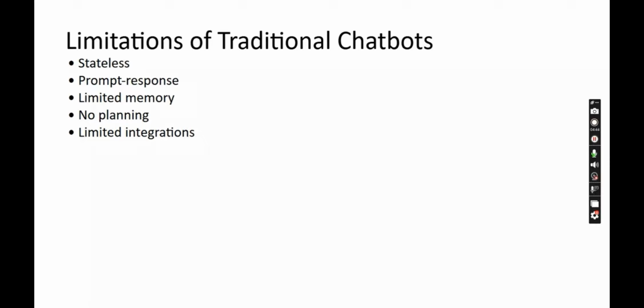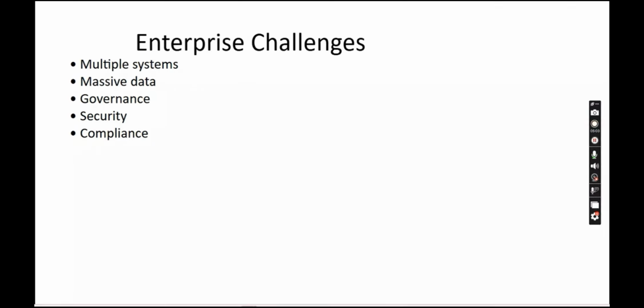It receives a prompt, generates a response, and the interaction ends there. Even if conversational history is provided, it has very limited awareness of long-term objectives, enterprise workflows, governance policies, business processes, or organizational knowledge. But enterprise systems demand much more.